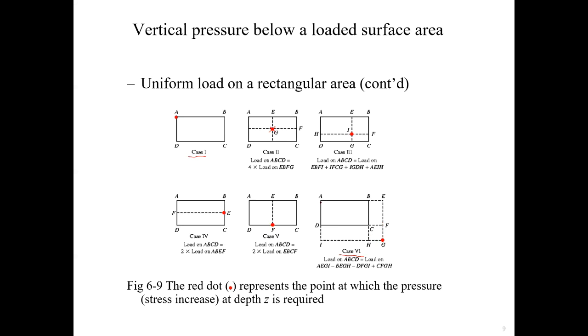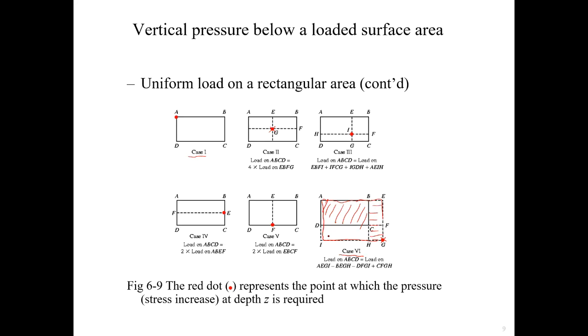One big rectangle, so AIEG. That's one rectangular loading, we just do one calculation. But because we over-considered the loading area, the actual loading area is just here. So we have to minus the loading area for the BEHG.